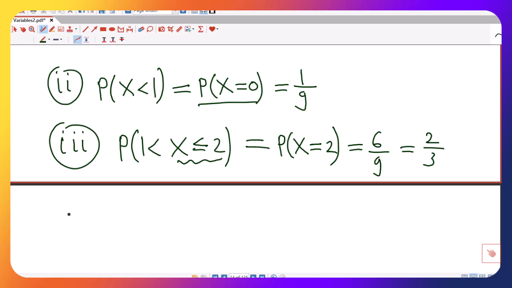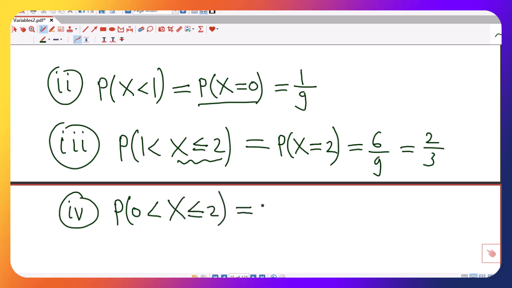And then the last one is the probability that 0 less than capital X less than or equal to 2. Here we have to include 1 and 2 because of this equality. Here I have 2, somewhere here I have 1, and I don't have to include 0 because x is greater than 0.